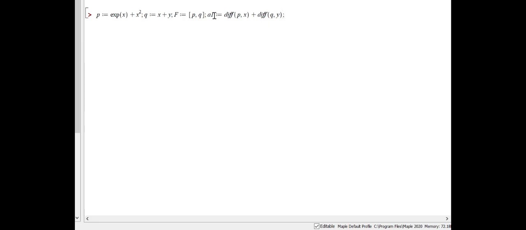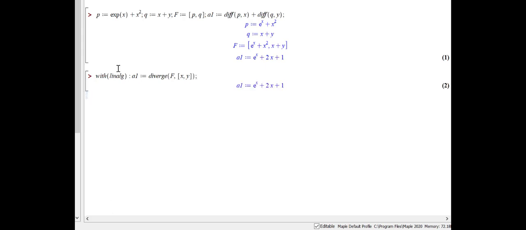So A1 is equal to this one. Even I could use the linear algebra package. If I use with linear algebra, then I can write, for example, A1 equal to diverge of F with respect to x and y. So if I run, I will get the same answer.